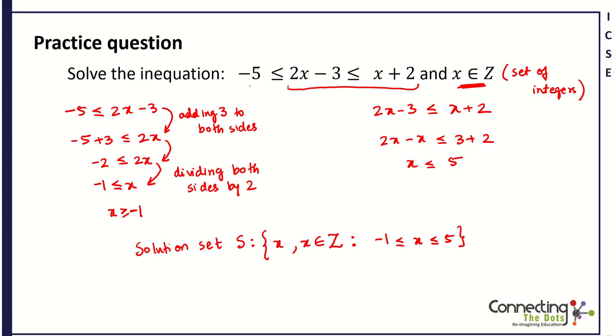So it can also be written as minus 1, 0, 1, 2. These are all the integers which satisfy the condition negative 1 less than or equal to x less than or equal to 5. So we can write it in the rule or set builder form, or we can actually write out the elements in the solution set.